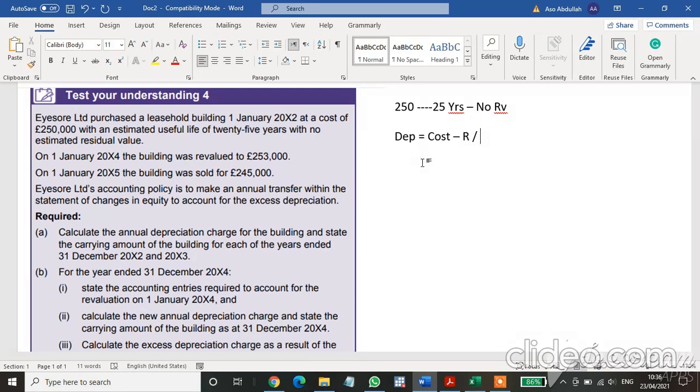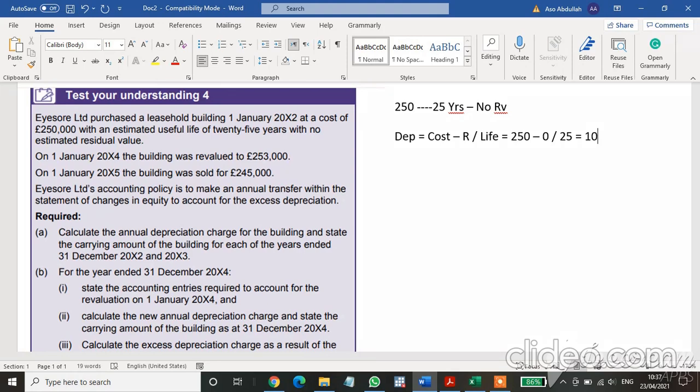I will make it simple. In this situation we have 250,000 minus 0 residual value, divided by 25 years, which equals 10,000 per year. So the annual depreciation is actually 10,000.